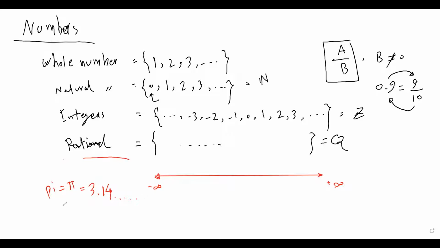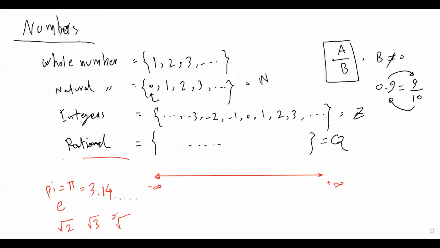There are other famous numbers in math, such as e, the Euler number. What else? These are the two that I can think of right now. But there are more irrational numbers, because for example, the square root of non-square numbers, square root of 2 or square root of 3, or even the cube root of non-cube numbers.